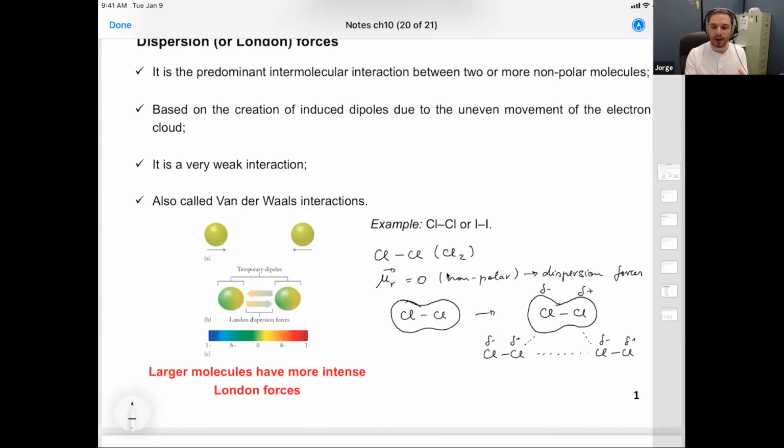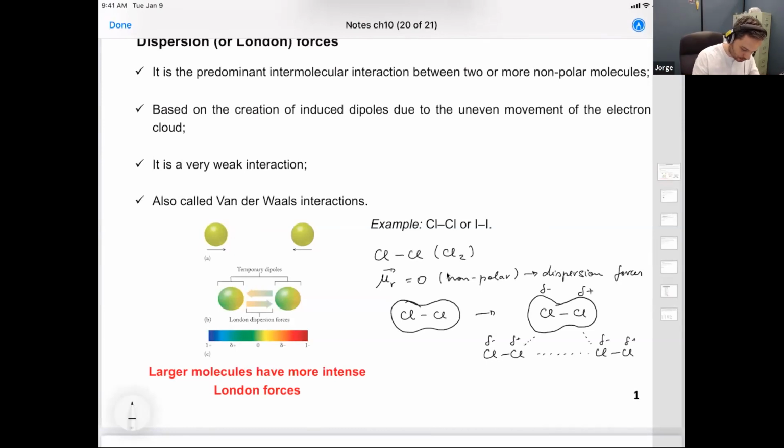And those are called the dispersion forces. Of course, the larger the molecule, the higher the probability of moving the electron cloud towards one or another atom. So that will result in a more intense dispersion force.